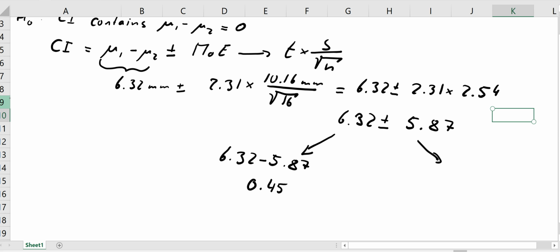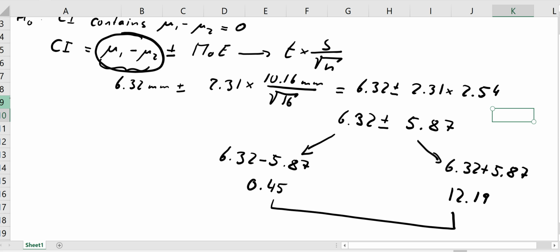And if we do the upper bound, 6.32 plus 5.87, and that gives us 12.19. So we assume that the true mean of the differences is somewhere between 0.45 and 12.19.